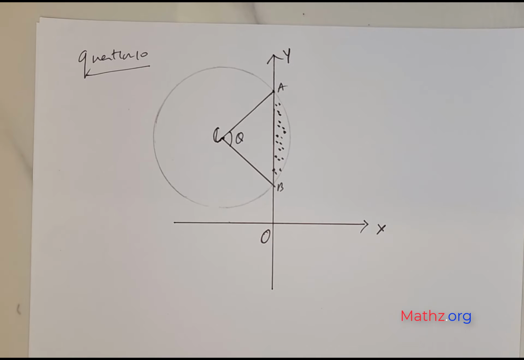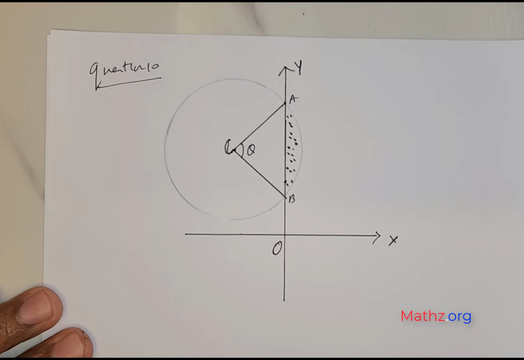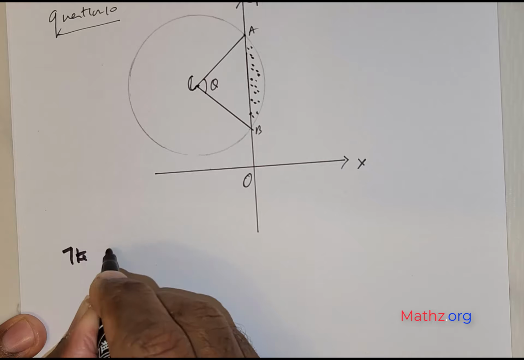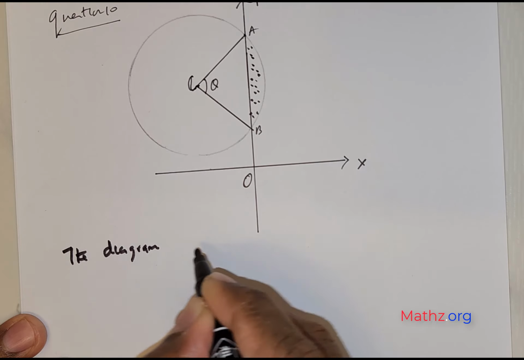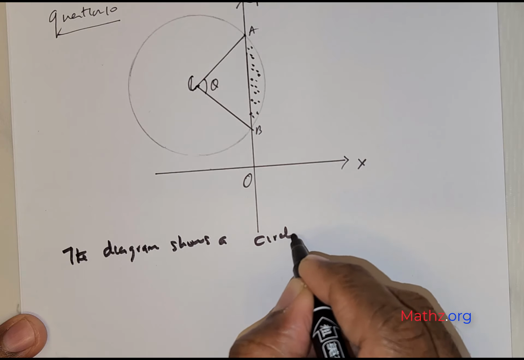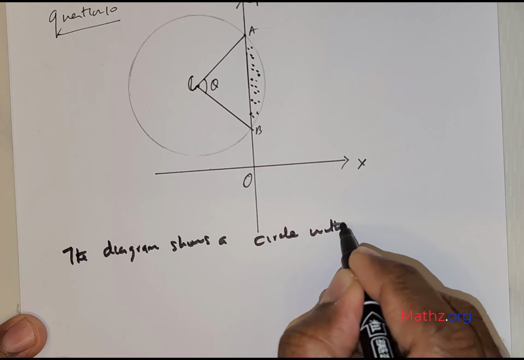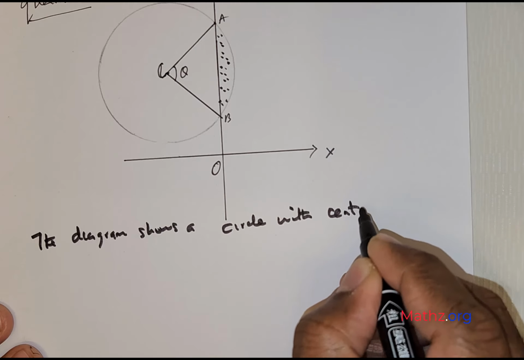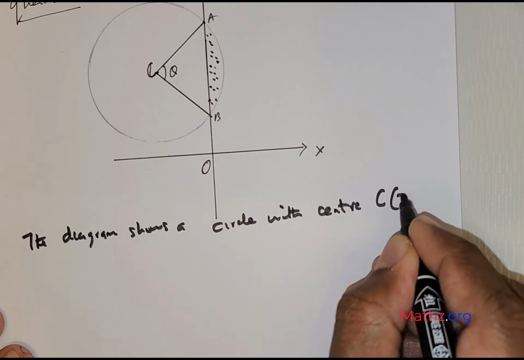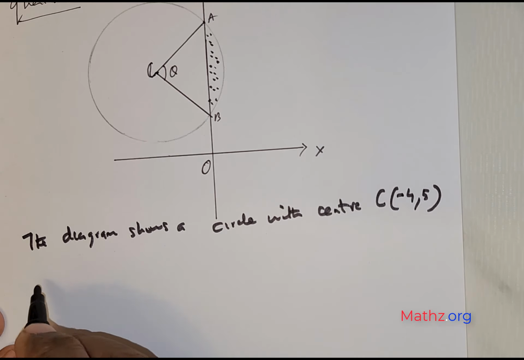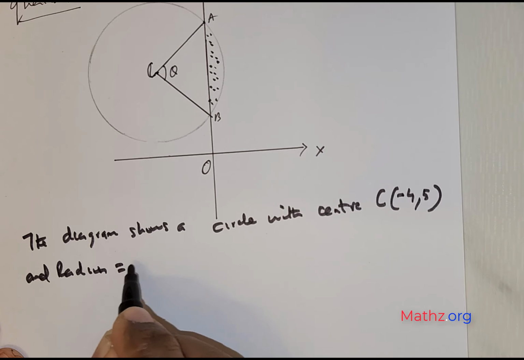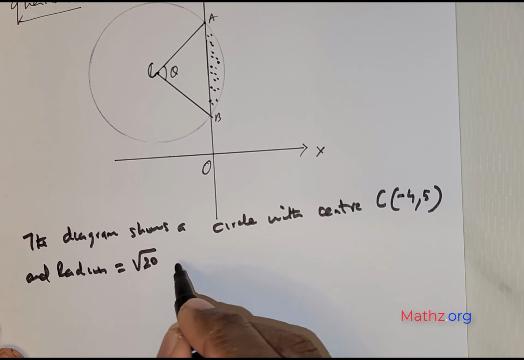So let me write the question down. The question is as follows. The diagram shows a circle with center C (-4, 5) and radius √20.